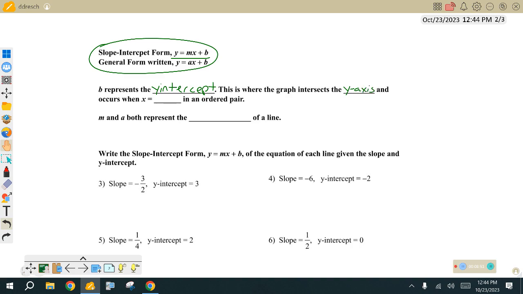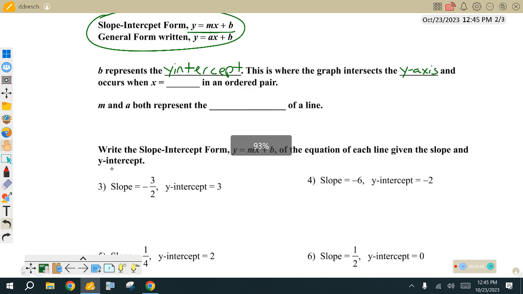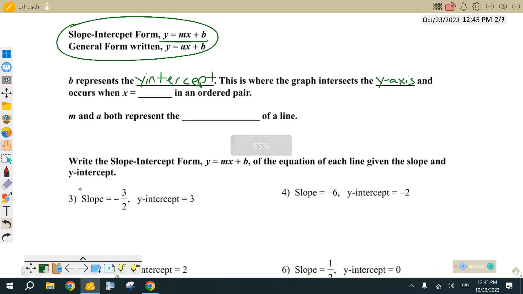Again, ideally we're all coming in knowing all that information, but we don't. So, slope-intercept form is y equals mx plus b. It's the equation we're going to be working with for about the next couple of months.